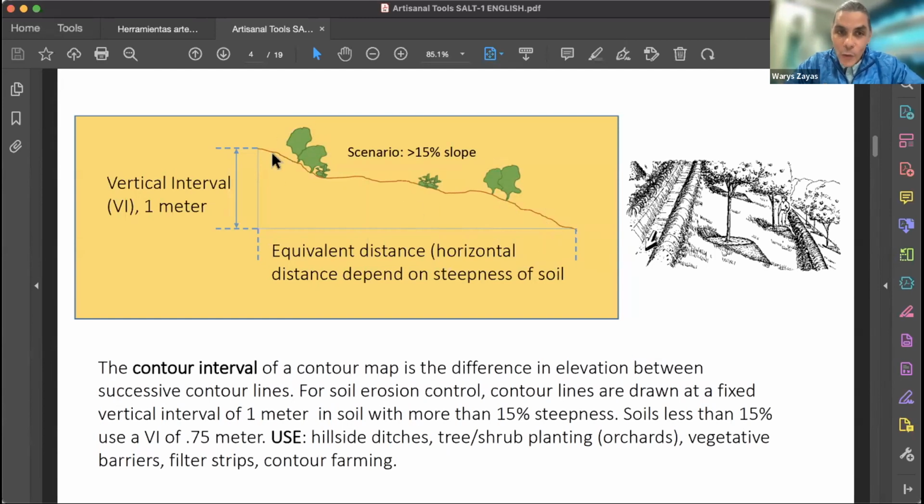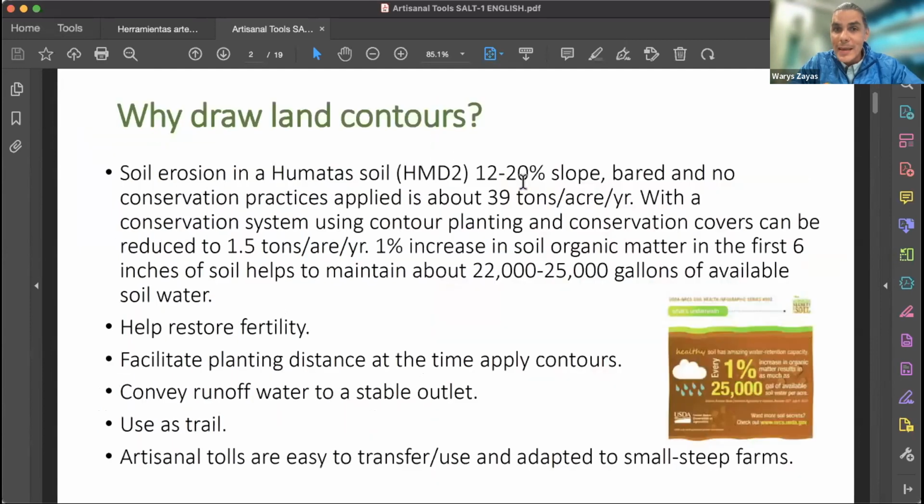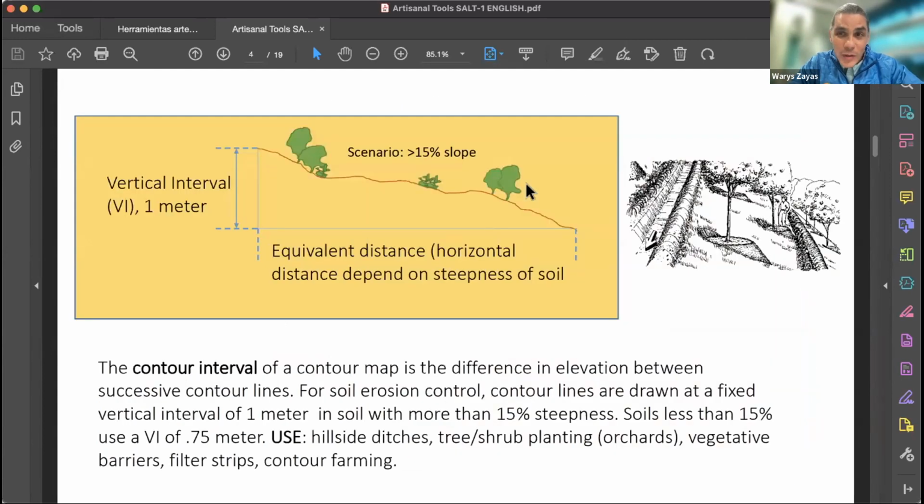So the way we measure this will depend, as you can see here, on the degree of the slope, right? And it has its tricks, but there are other tools that could be handmade and are really useful for that, right?